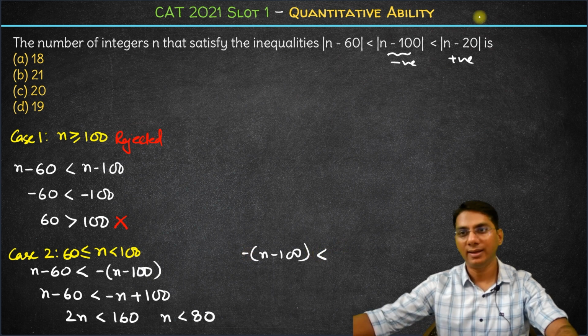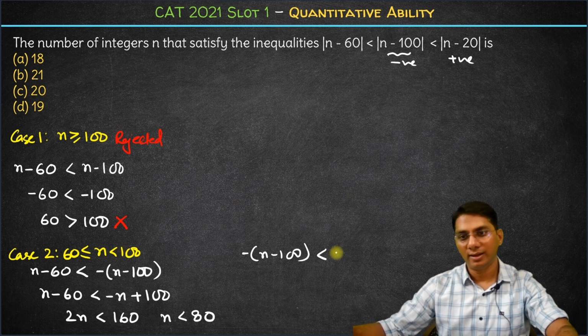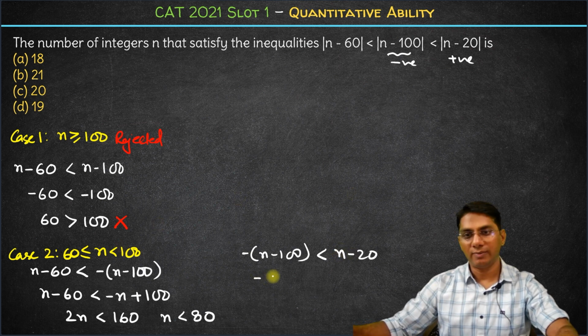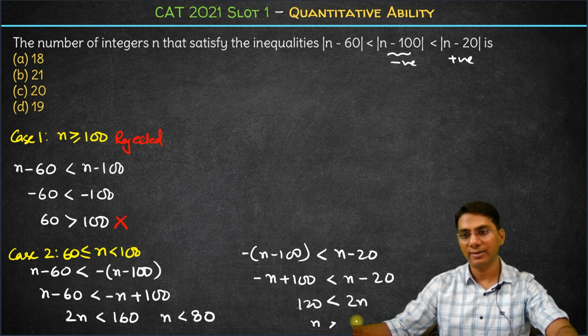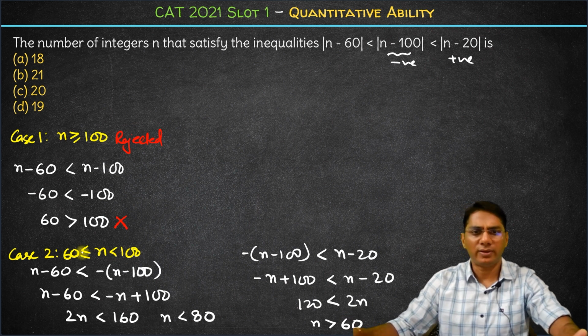This is less than, since n minus 20 is positive in this range of n, we'll simply write it as n minus 20. So we get minus n plus 100 is less than n minus 20. So again minus n comes this side, becomes plus 2n. Minus 20 goes that side, becomes plus 120. Hence this gives us that n is greater than 60, which is obviously true. n was greater than 60.